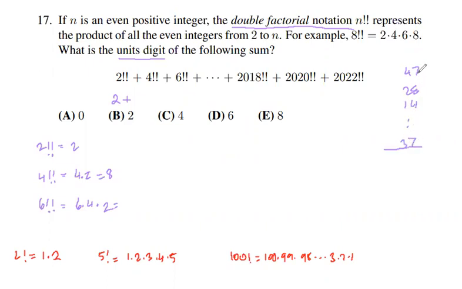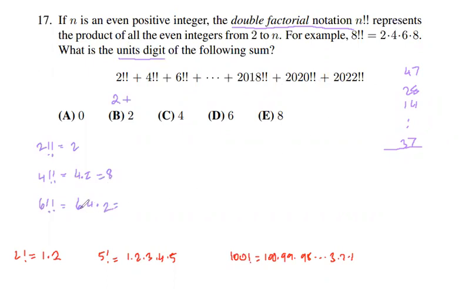If you are trying to find the unit digit, you are just adding these unit digits. So you don't really care about the tens digit, hundreds digit, or whatever other digit you have. We just need to take care of the unit digit, because that's going to give us the unit digit of the sum as well.